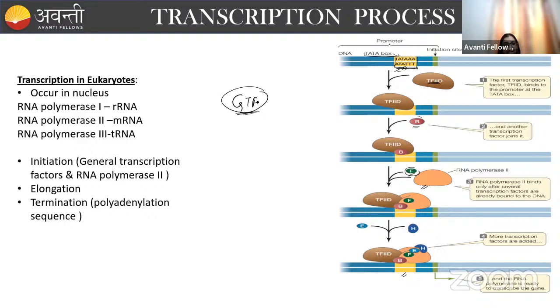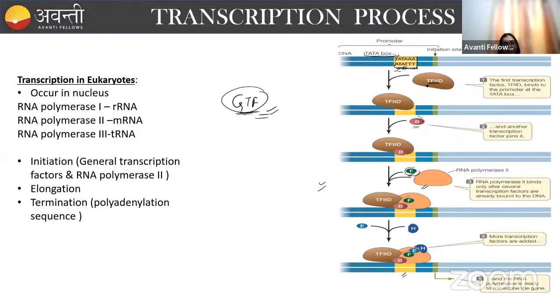You don't have to memorize the names of the general transcription factors. I'm telling you this just for your knowledge, so that the concept becomes clear for you, how transcription takes place in eukaryote. That is why I kept this picture.